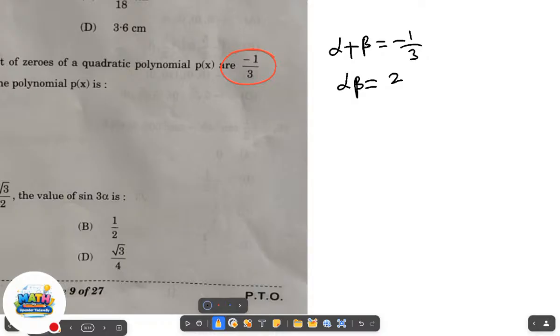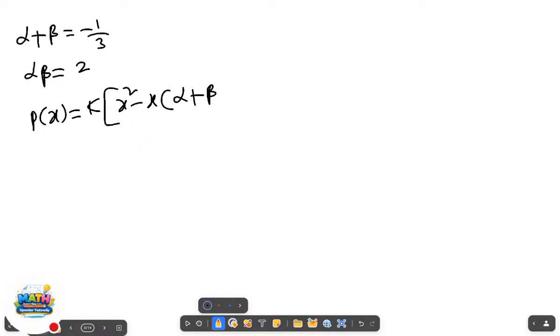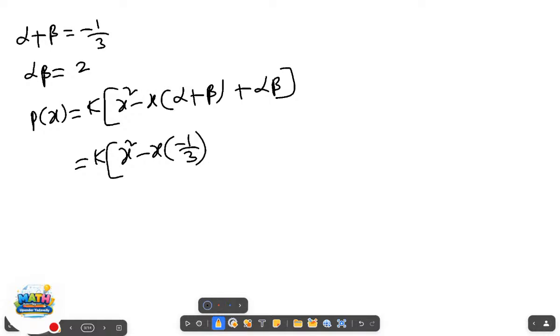Okay, let's find the quadratic polynomial. So what is the quadratic polynomial formula? P of x is equal to k of x square minus x of sum of the zeros plus product of zeros. So k of x square minus x of sum of the zeros, which is minus 1 by 3, and product of zeros is plus 2.